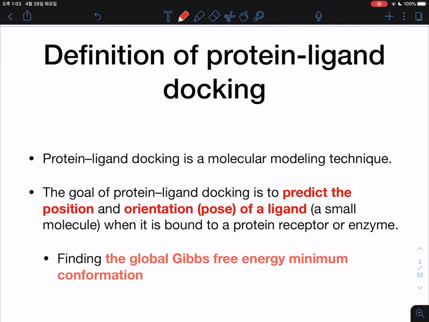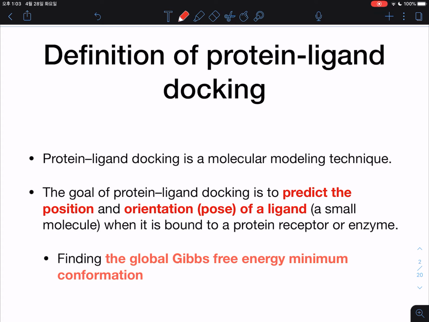The definition of protein ligand docking is that it is one of the molecular modeling techniques. The goal of protein ligand docking is to predict the position and the orientation of a ligand, a small molecule, when it is bound to a protein receptor or an enzyme.